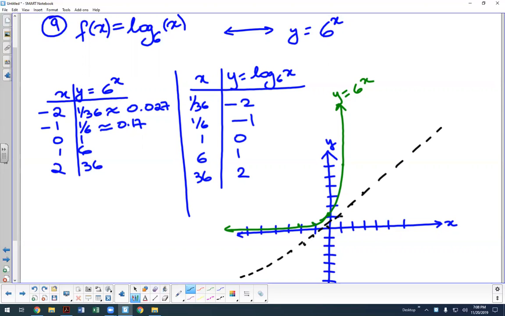Okay. And then using our switched ordered pairs, we'll graph the logarithmic function, which will now be at 1, 0, 6, 1, and then 36, 2, of course, is beyond our scope.